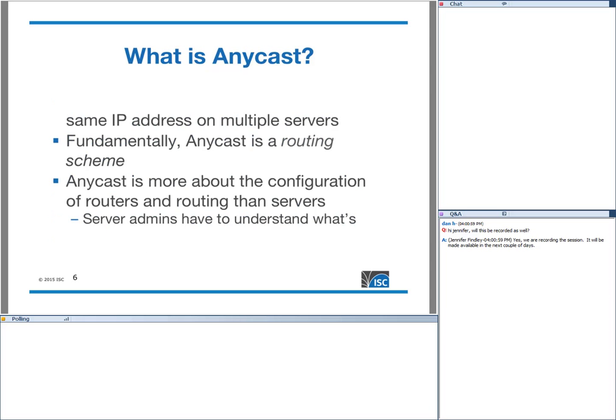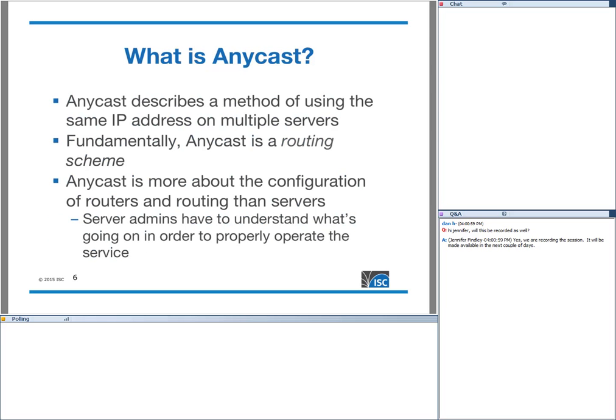So Anycast is simply a method of using the same IP address on multiple servers. Fundamentally, it is a routing scheme. The configuration is far more about the routers than the servers.